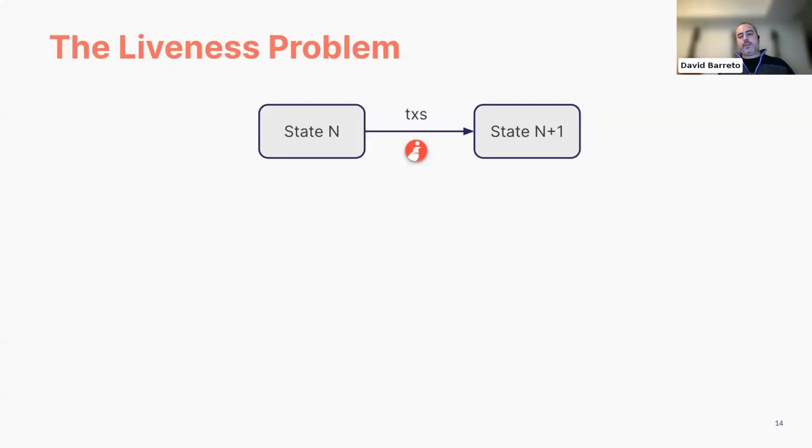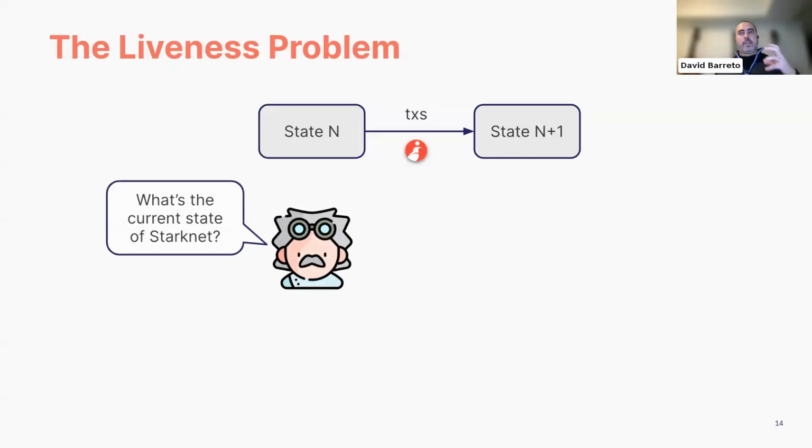You know that on Starknet, as in pretty much any other network, you go from a certain state N to a state N plus 1 just by executing a bunch of transactions in a block, right? In the case of Starknet, you actually do it through Cairo.